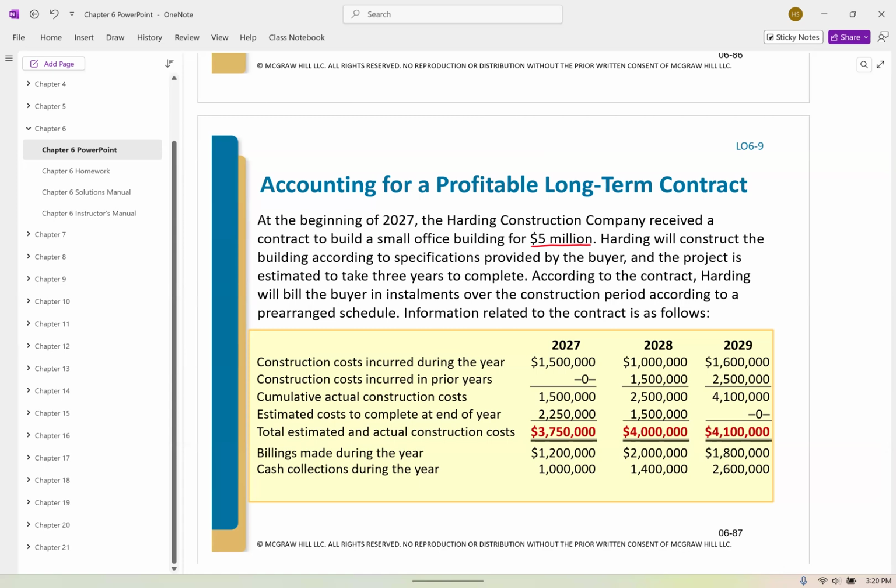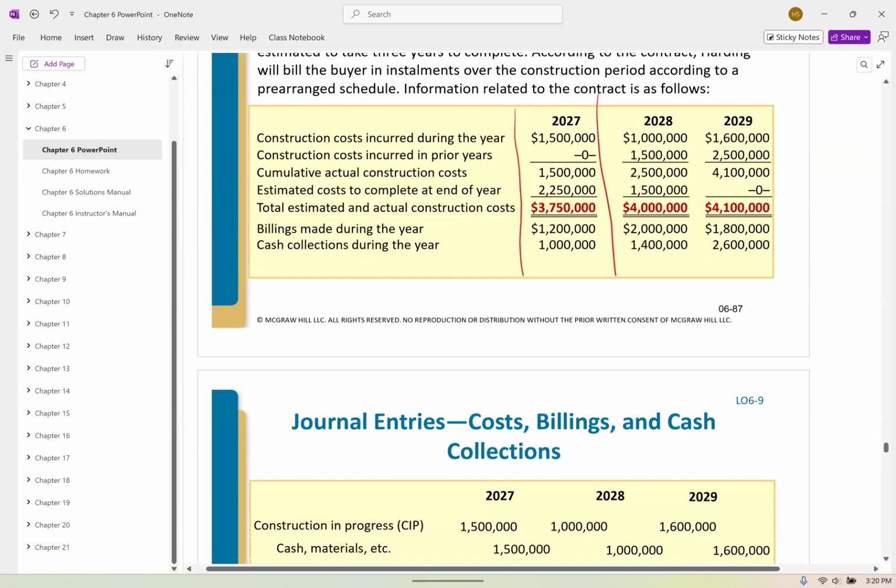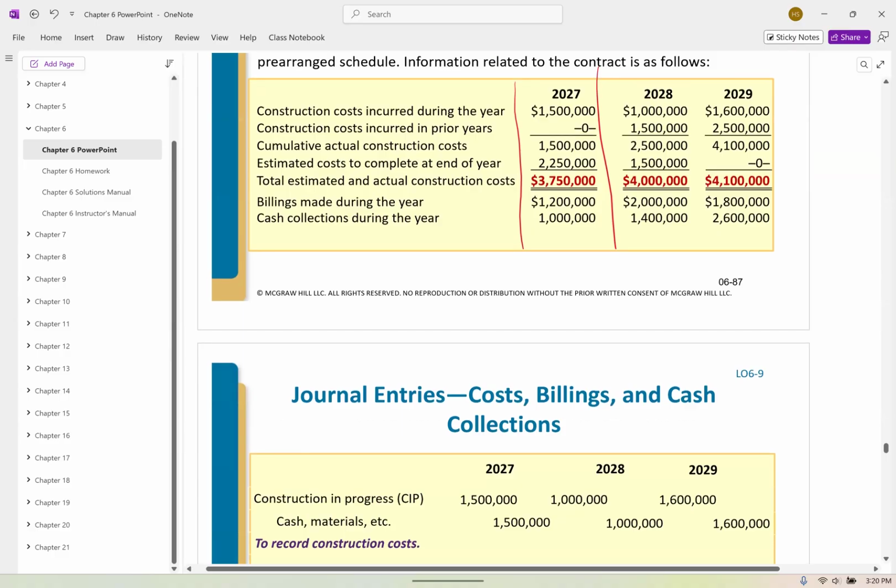So let's just look at 2027. We are going to put $1.5 million into construction cost incurred during the year. We will debit an account called construction in progress for that 1.5 million.